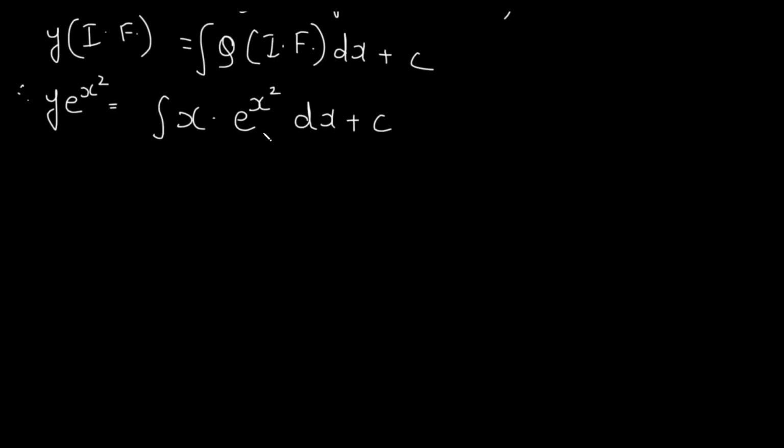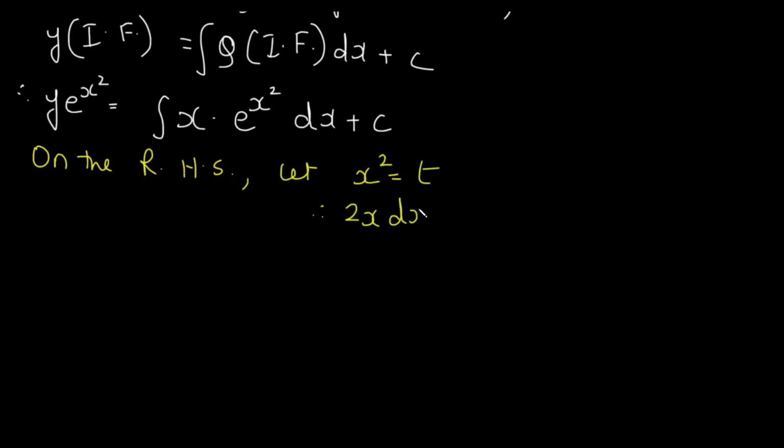Now on the RHS, we use the method of substitution. Let x square is equal to t. Differentiating both the sides, we get 2x dx is equal to dt, and therefore x dx is equal to dt upon 2.